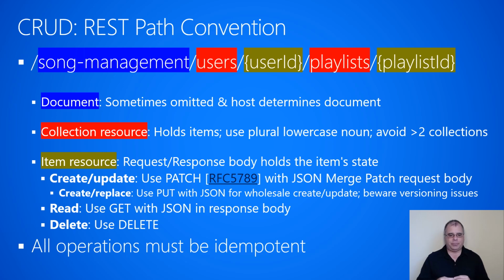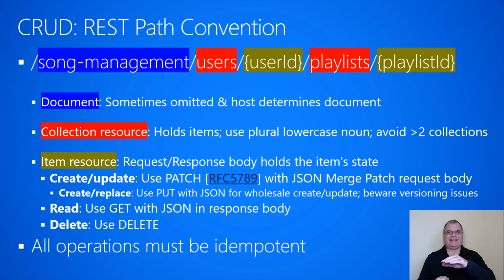Users is a noun. We also recommend that within your URL, you avoid having more than 2 collections. That makes the URL long, harder for people to follow. In this URL, we have 2 collections. There's users, and then you would have an ID of a particular user, and then that user might have multiple playlist collections under that.